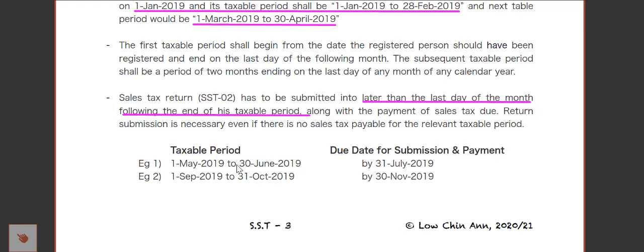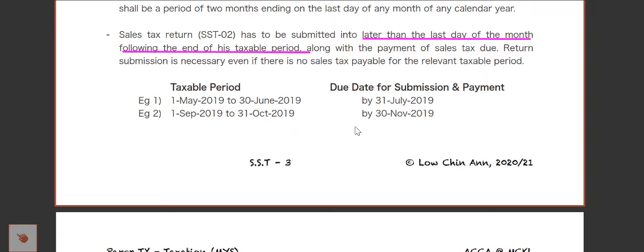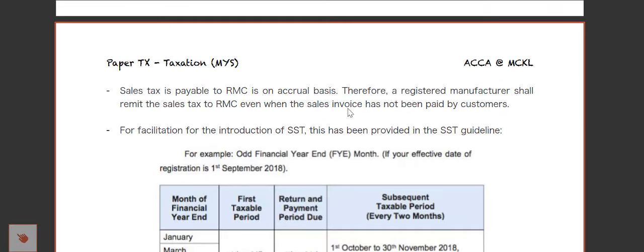So if the period ends in June, then the due date for submission and payment will be 31st July. If your taxable period ends in October, then the due date will be 30th of November 2019.